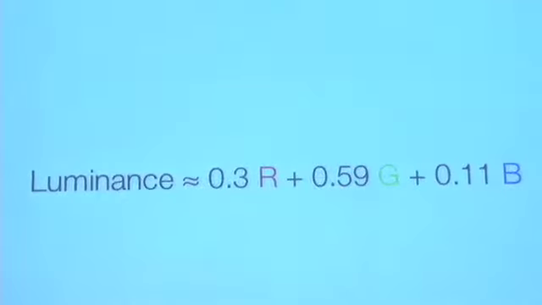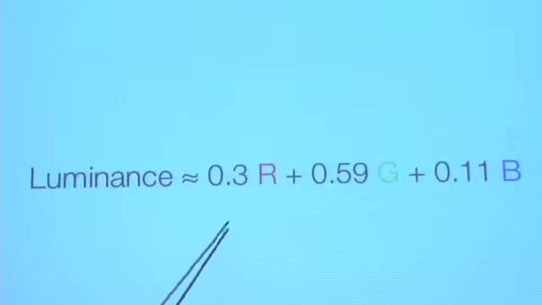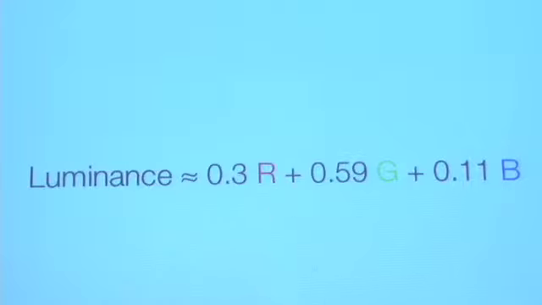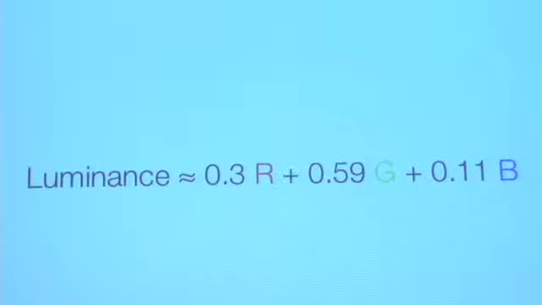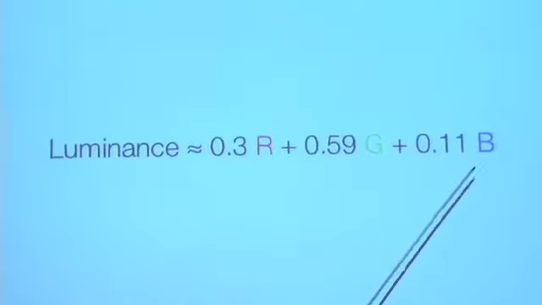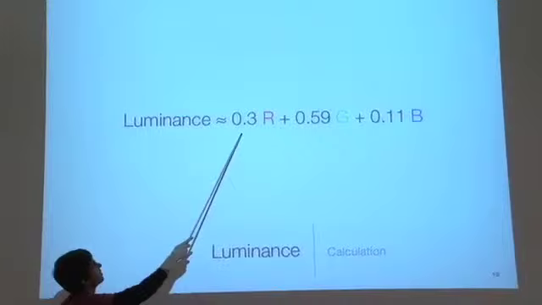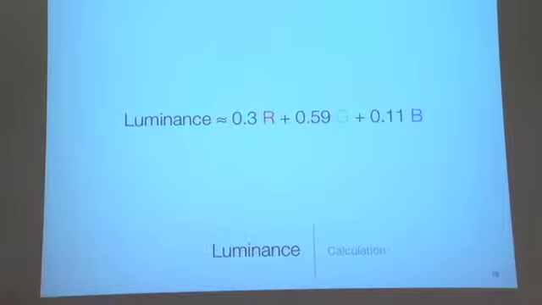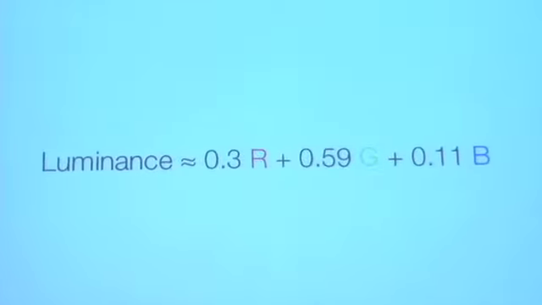So when we multiply, no matter what these numbers are within the range of 0 to 255, and when you add them all up, it will always be another number from 0 to 255. You're not going to get more than that. You're not going to get less than that. It's always going to be somewhere right in the middle.